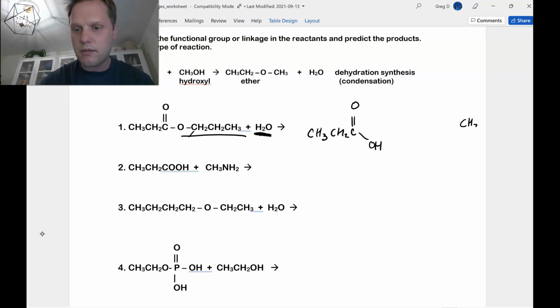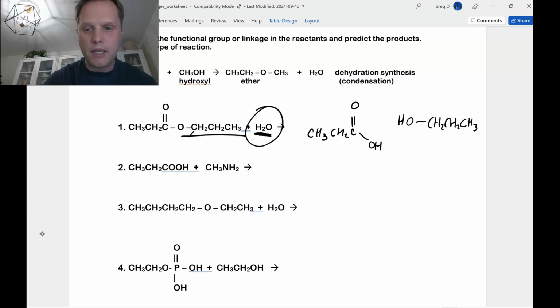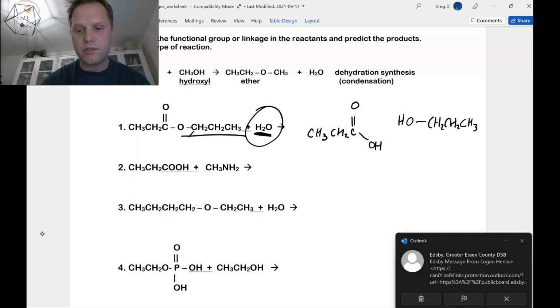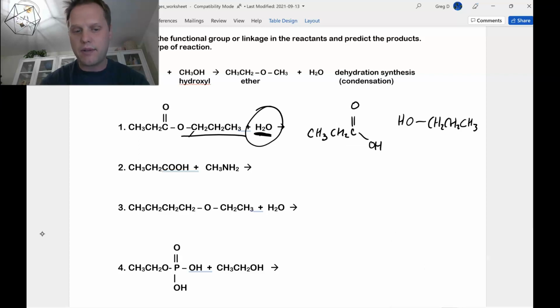So that's going to be CH3, CH2, CH2, and now I have an OH. The water was added both here. I'm just going to add an H and an OH to it. So we now have a carboxyl functional group, and we have an alcohol functional group.